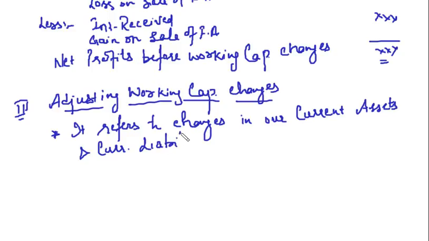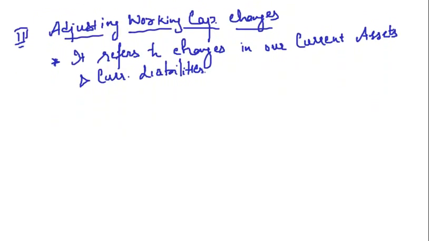What is working capital? Working capital consists of our current assets and current liabilities, the capital that we are using in routine operations. So if there are any changes in the current assets and current liabilities, we will refer to that as working capital changes.